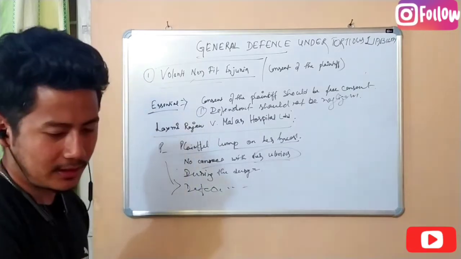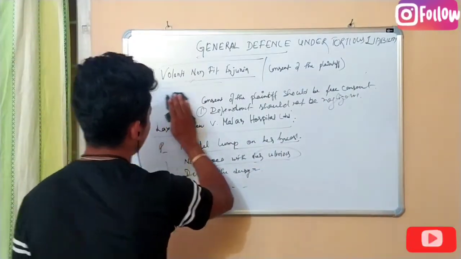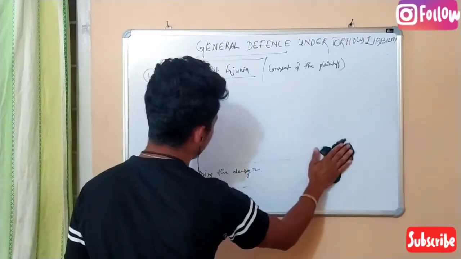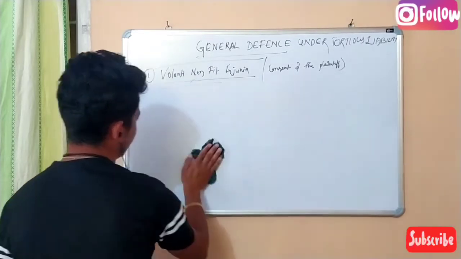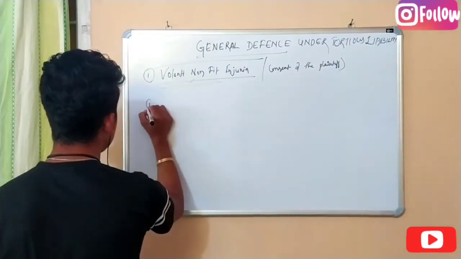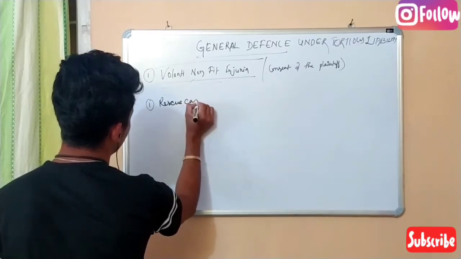Now we will discuss the exceptions to volenti non fit injuria. In what cases, in what situations, can you not apply volenti non fit injuria? Number one is rescue cases.